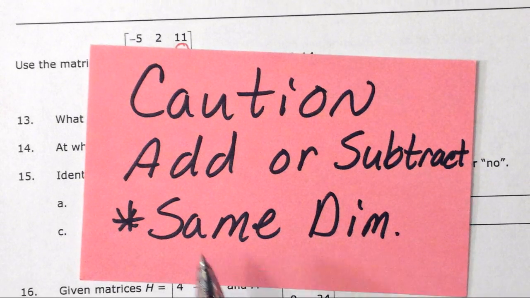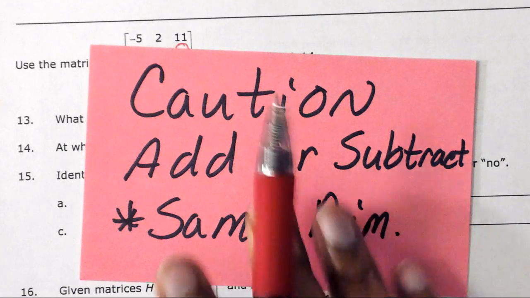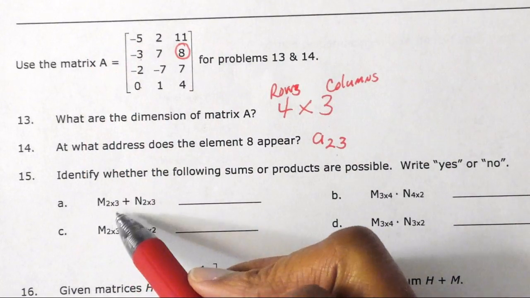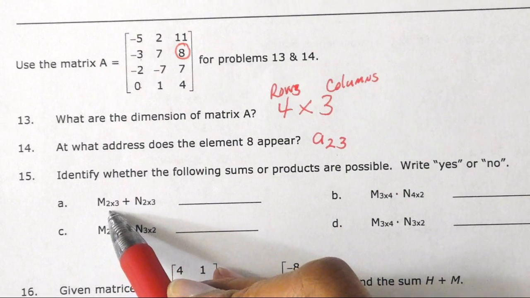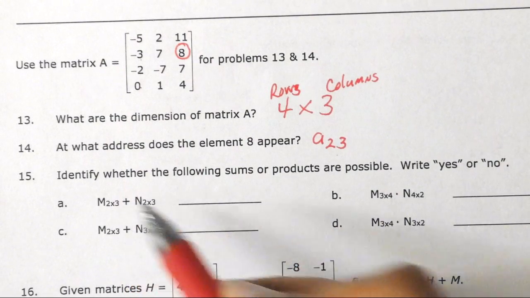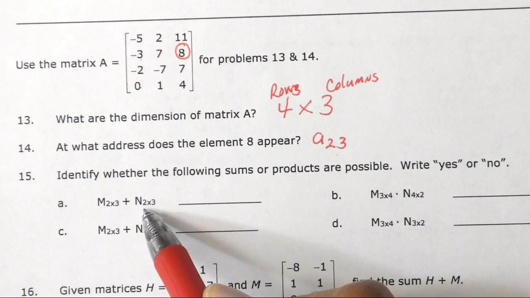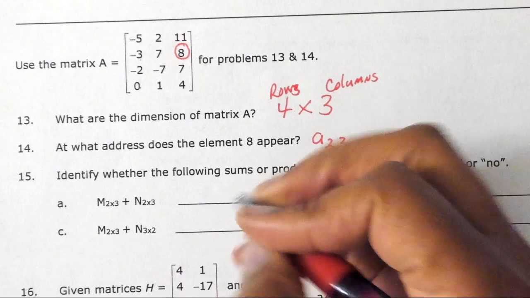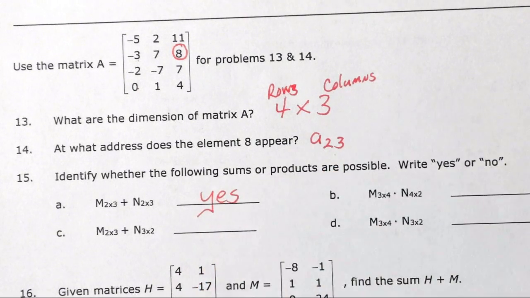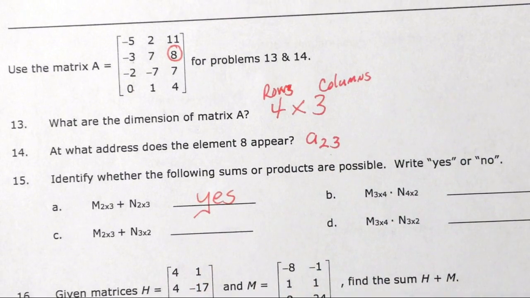That means they must be identical. So when I'm looking at this first problem here, notice the dimensions of matrix M are 2 by 3. The dimensions of N is also a 2 by 3. So is this possible? Yes. I can actually add those two matrices.